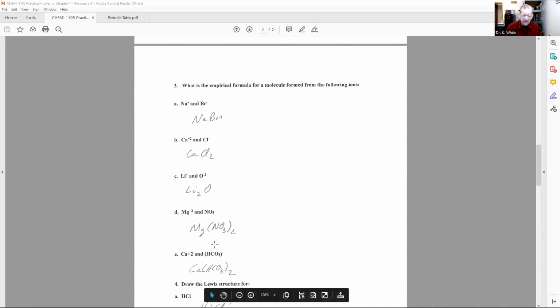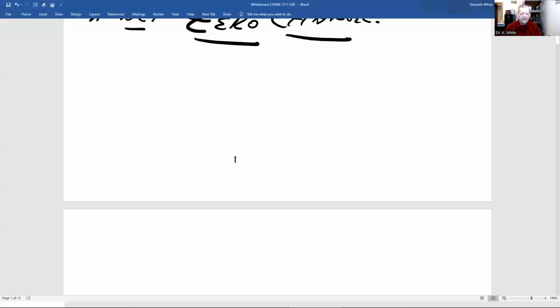Let's do calcium chloride. And the question is, what's the empirical formula with calcium +2, chloride -1 ion? Well, this is a +2, this is a -1.